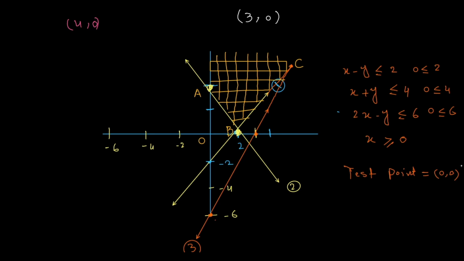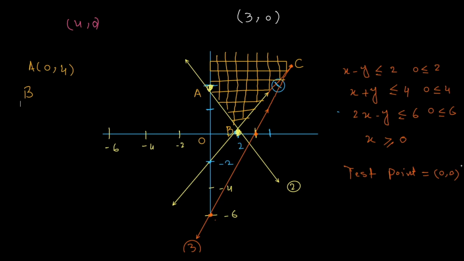The point A is also given, which is x equal to 0, y equal to 4, so A is (0, 4).